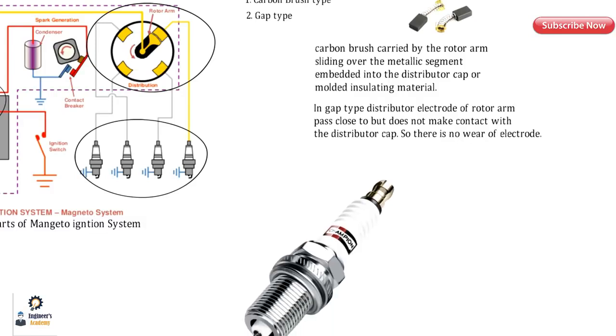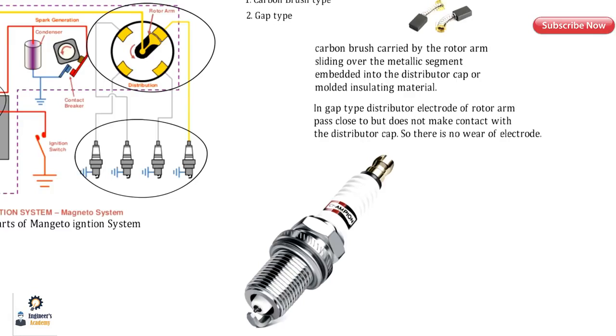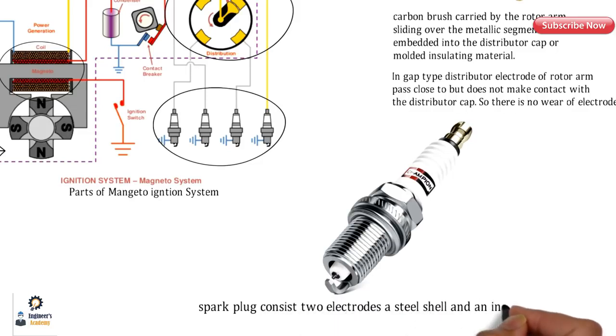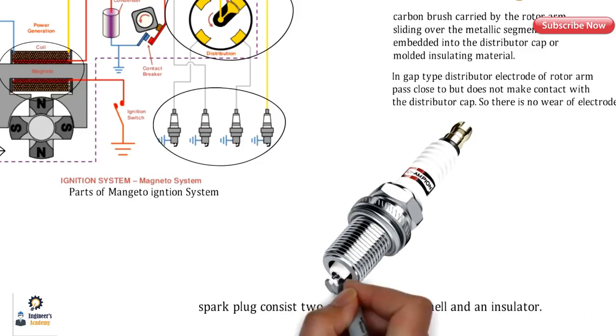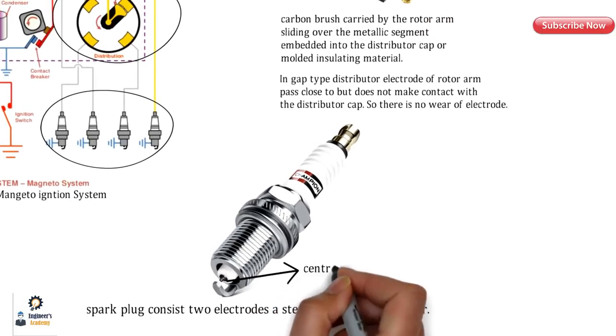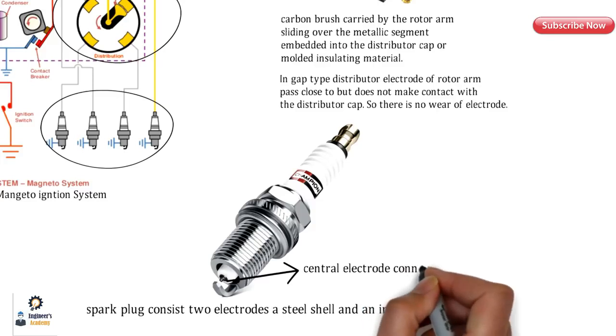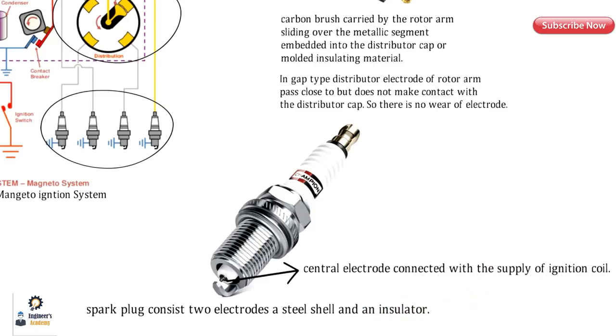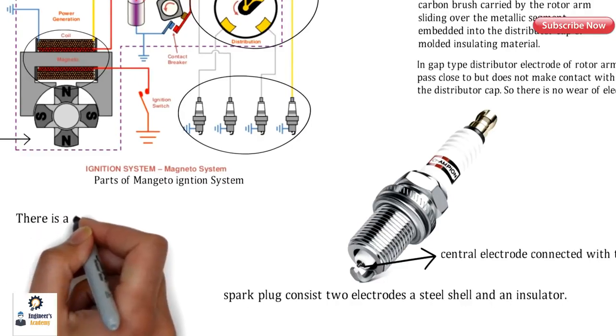The next part which is used is the spark plug. So guys, as we all know about the spark plugs, this spark plug consists of two electrodes, a steel shell and an insulator. So guys, this one I have depicted, the center one, that is the central electrode, is connected with the supply of the ignition coil basically, and around it the insulation is provided.